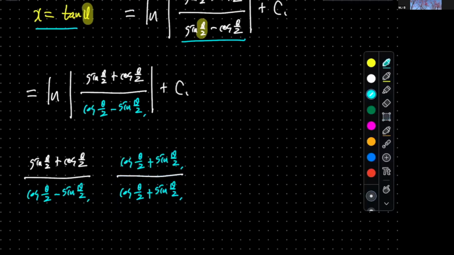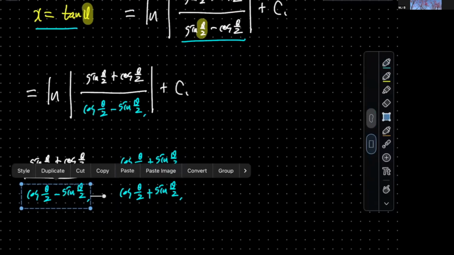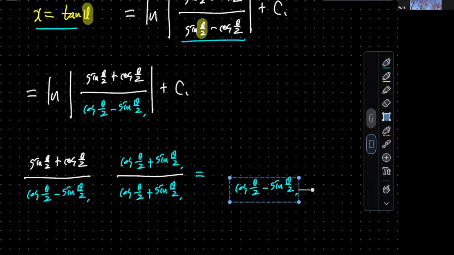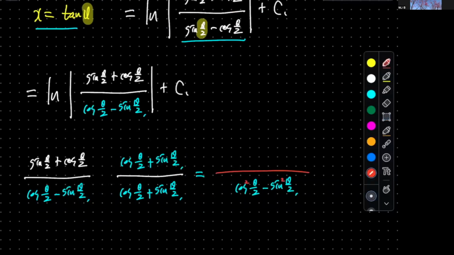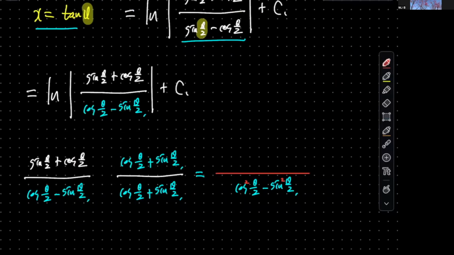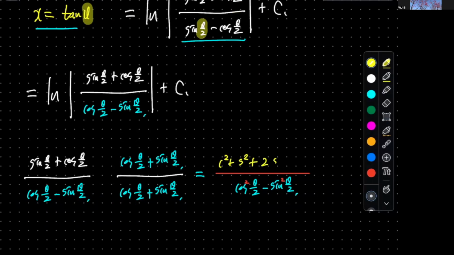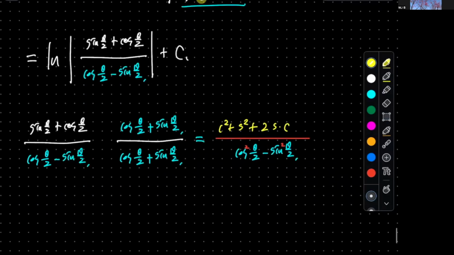Doing so, on the denominator I get the difference of squares, which gives cosine squared theta over 2 minus sine squared theta over 2. On the numerator, it's going to be a perfect square, so I have cosine squared plus sine squared plus 2 sine cosine. Now you see the sum of squares is a Pythagorean identity, it is just 1.